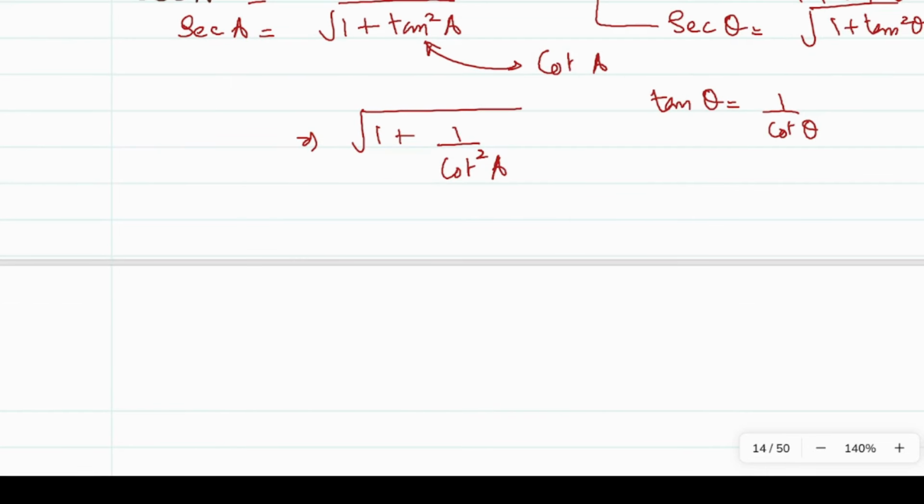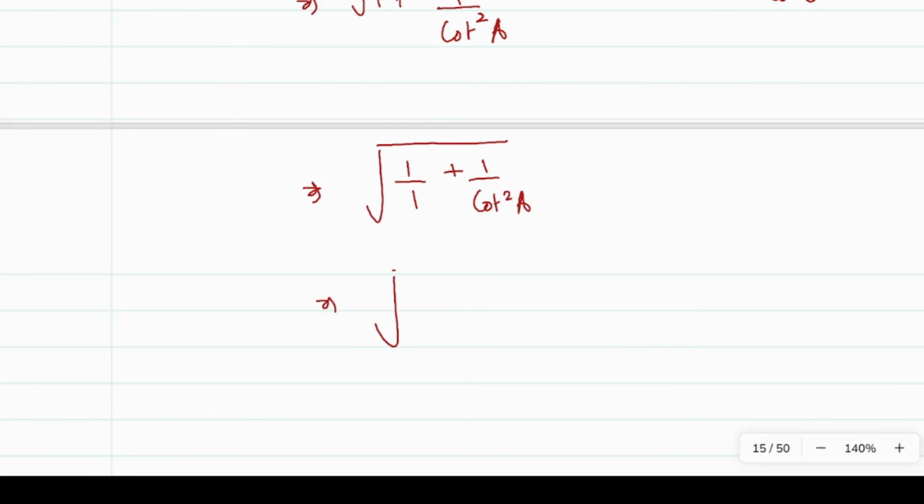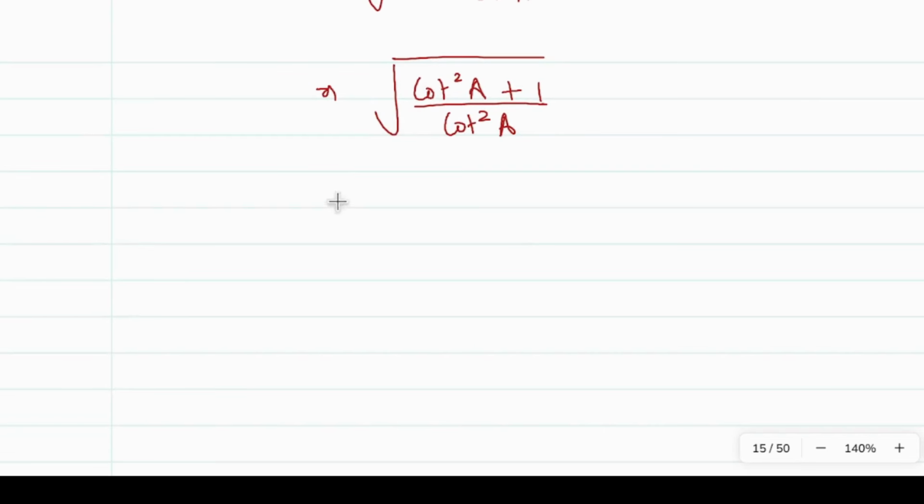Now again, here I will have to take the LCM, that is 1 plus 1 by cot²A, right? Here what can I do? This one is root of cot²A plus 1 divided by cot²A, right? This is my equation. Now finally, one more step if I want, I can take the root like this, root of cot²A plus 1 divided by, what is root of cot²A? It is cot A. Clear?